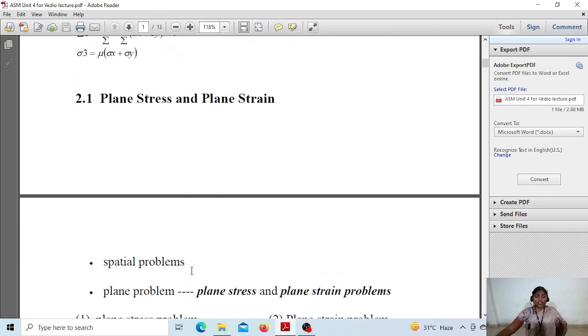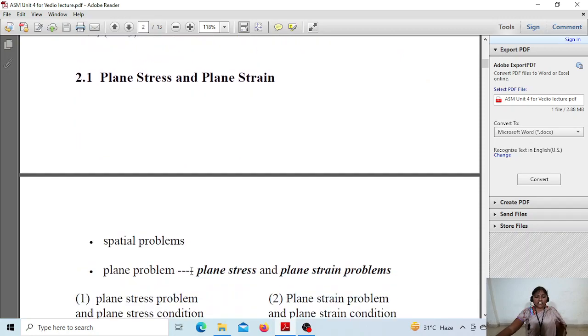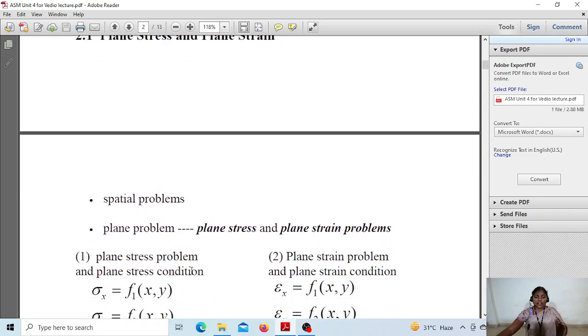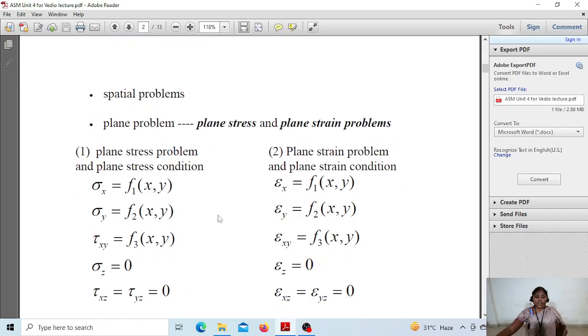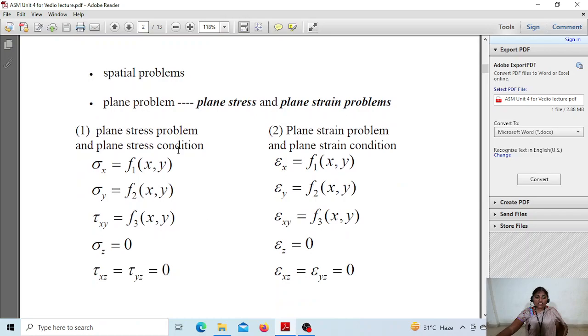Now, the main aim is, whenever there is a problem and you want to solve an elastic problem in the form of theory of elasticity, you can apply plane stress or plane strain provided those are two-dimensional problems. Let us take the difference between plane stress and plane strain problems. In the plane stress problem, sigma x is equal to f1 of x y, which indicates your sigma x exists.